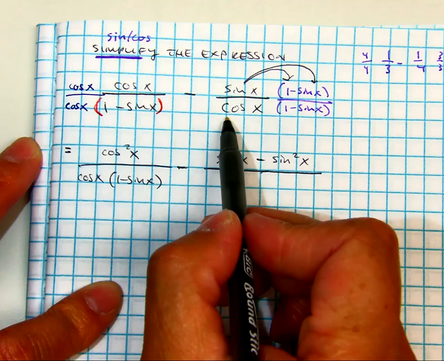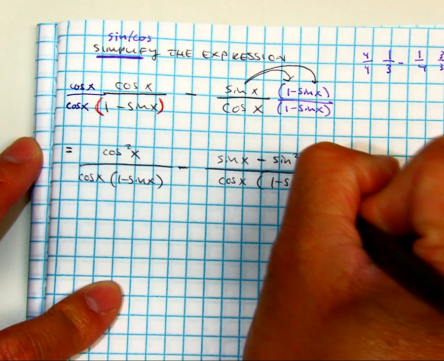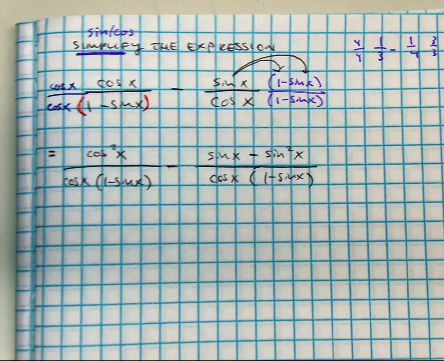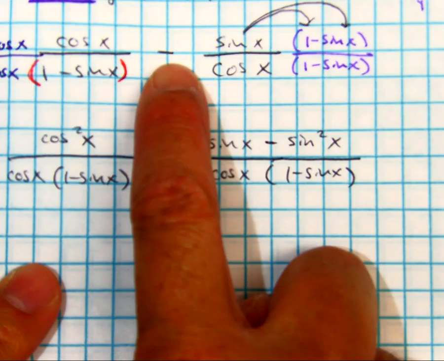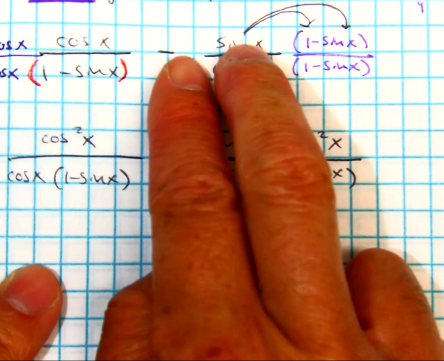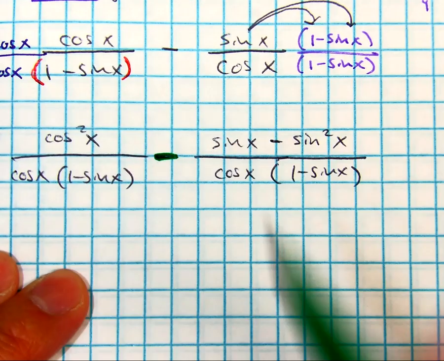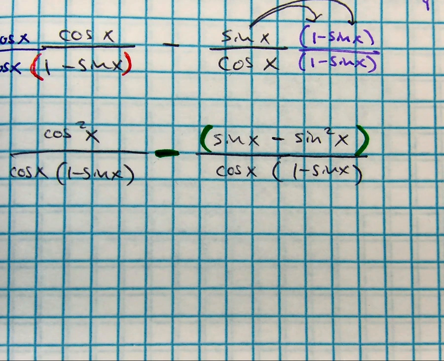And then in the denominator, I have cosine x times 1 minus sine x. Now, I could have taken care of that negative earlier. I could have said something like a negative sine x, but if you have a different color, definitely show this part there.